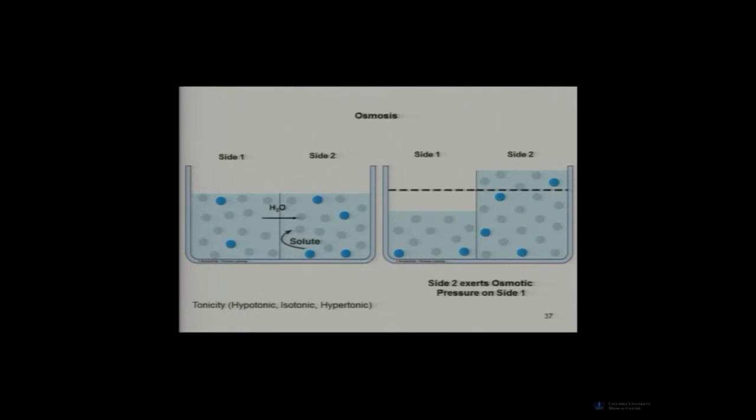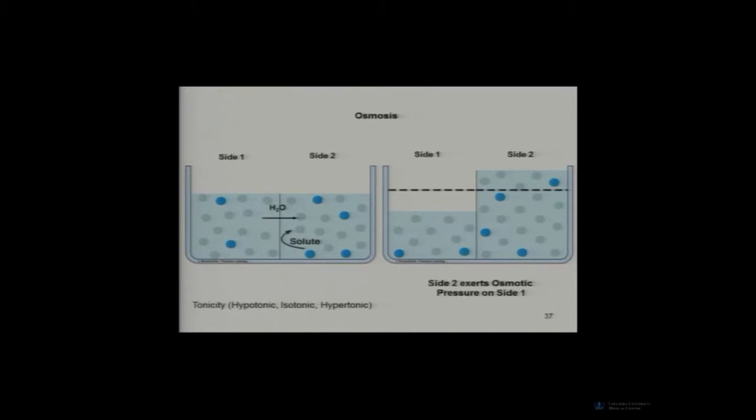So the key features with osmosis is that you have two fluid compartments. You've got a semi-permeable membrane in between. And the two fluid compartments are going to contain solutes. They're solutions. It's not pure water.